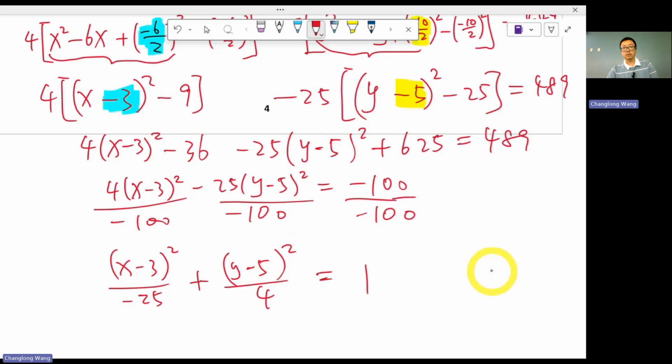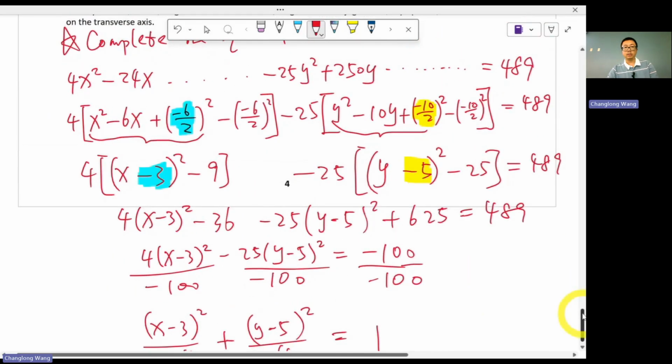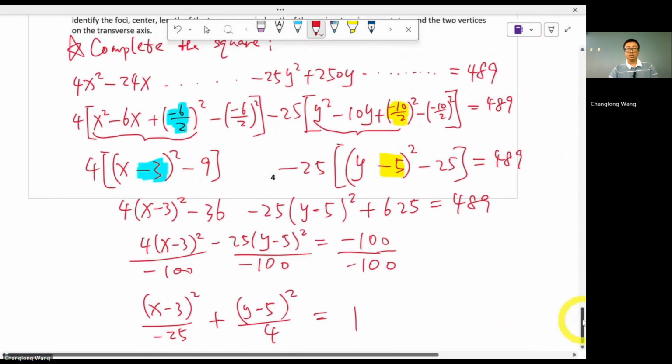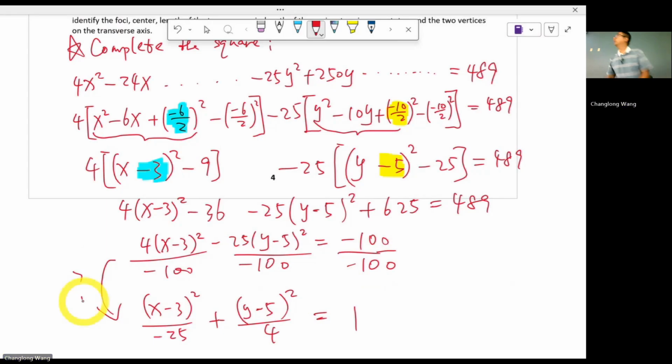So let me pause. Any questions so far, especially as I go from the line over here to the next one? Algebraically, any issues? Like, how did I figure that the number underneath the first quadratic part is -25?